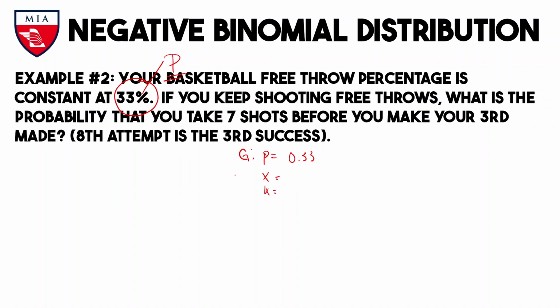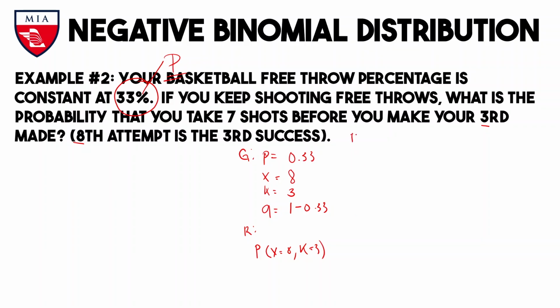In terms of x, we have 8 because the 8th attempt. And what is our k? We have 3, because it is the third shot. And the value of q, 1 minus p, is 1 minus 0.33. For the required, we need to get the probability of x equal to 8, k equal to 3.